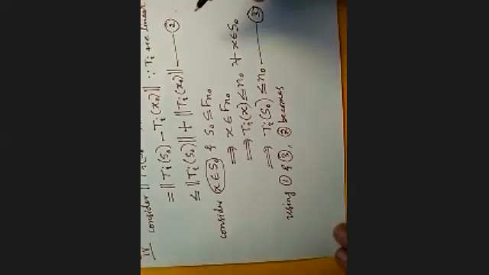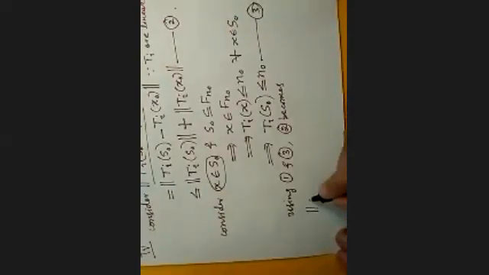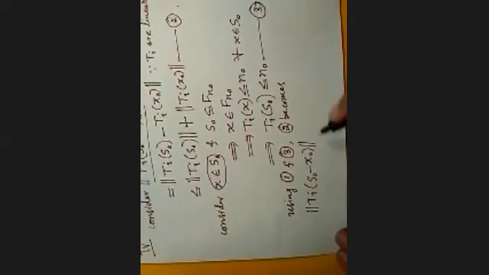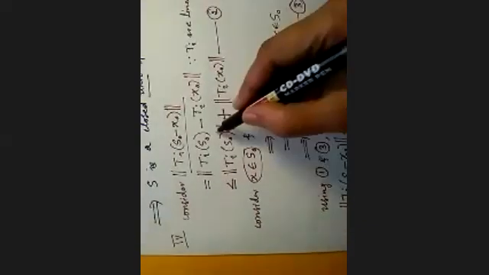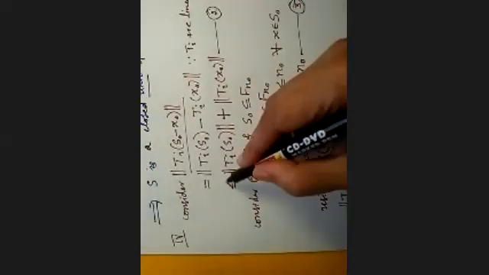What is LHS of 2? LHS of 2 is this. So I take that. Ti of X naught minus X naught, close the bracket, norm of that will be lesser than or equal to 2. So I'm putting the lesser than or equal to symbol because it's there here.